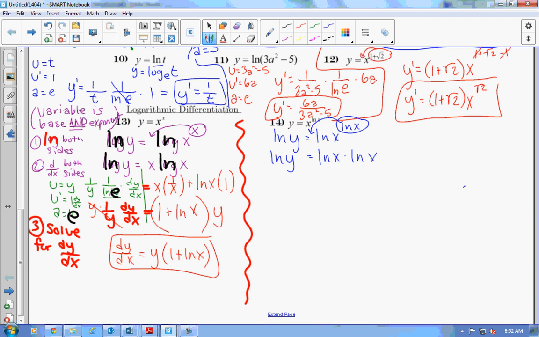Okay, now we do the derivative on both sides. This is going to throw you, though. It sneaks up. If you take the natural log of y, it is 1 over y dy dx. You got to watch out for that. Now we have first d last plus last d first, right?